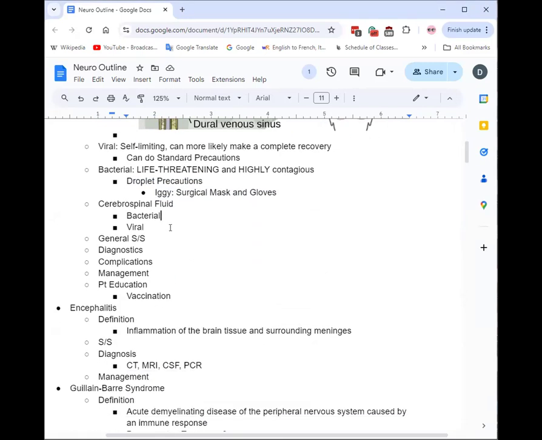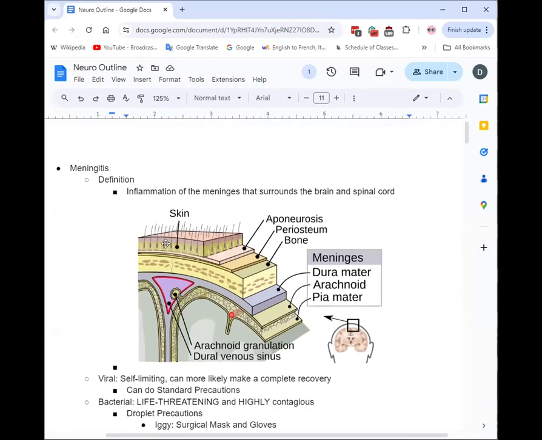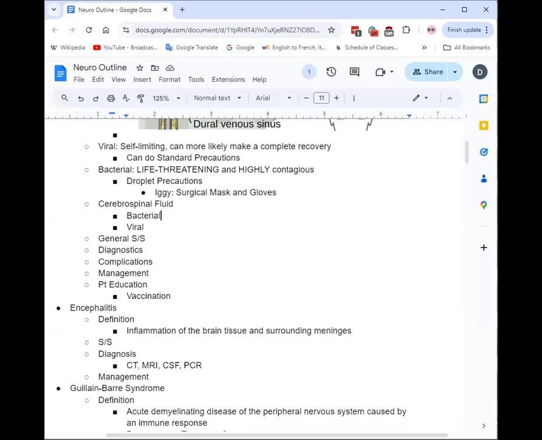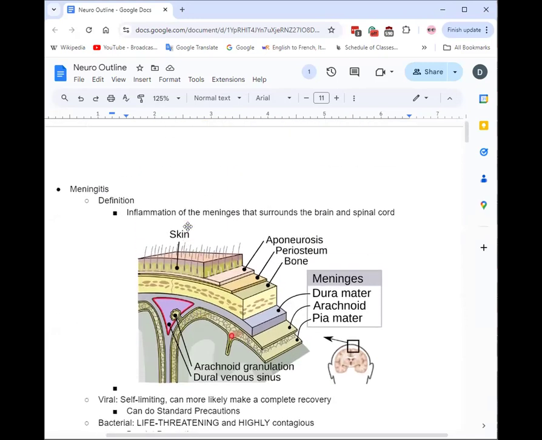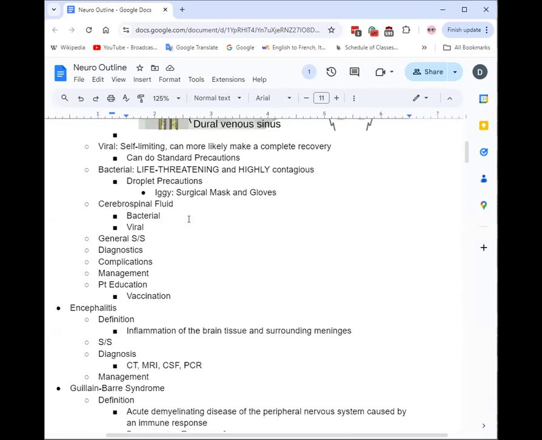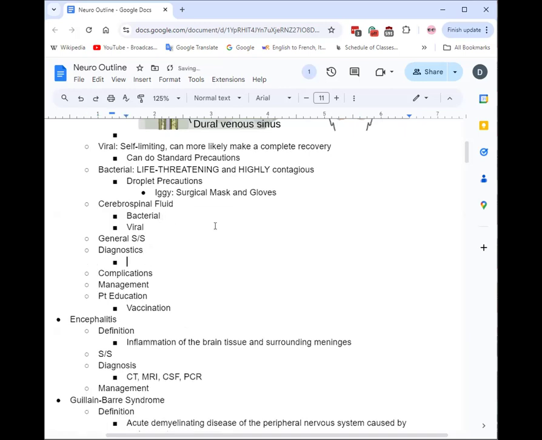So that's the general pathoanatomy of it. The main thing you really want to think about is your cerebral spinal fluid. There's a difference between bacterial and viral when it comes to that. How is that diagnosed, or how are they able to analyze that?